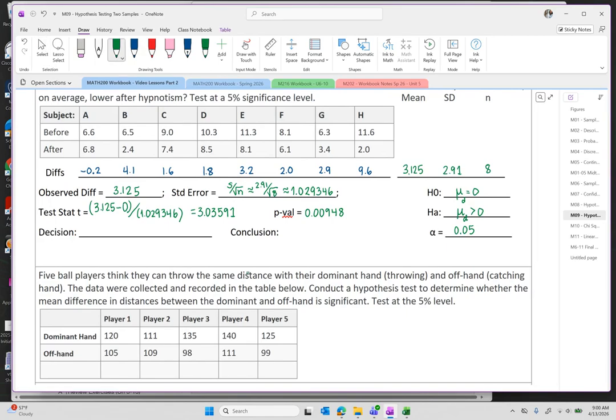Therefore, I have enough evidence to reject the null hypothesis. And my conclusion will be that at the 5% significance level, the sample data provides sufficient evidence to conclude that pain levels are indeed lower after hypnotism.